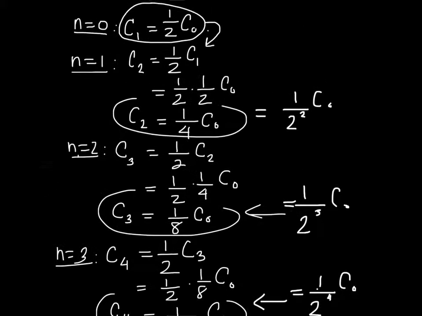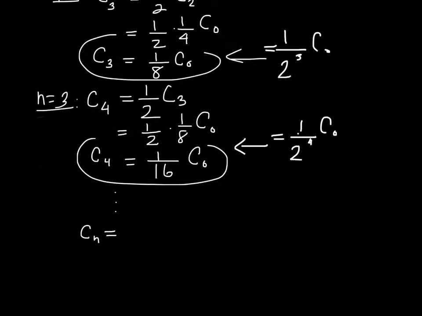And our n, we started with n equals 1. So we can probably conclude, with our inductive reasoning here, that our Cn is going to be 1 over 2 to the n times C naught, or if you want to say, C naught over 2 to the n.